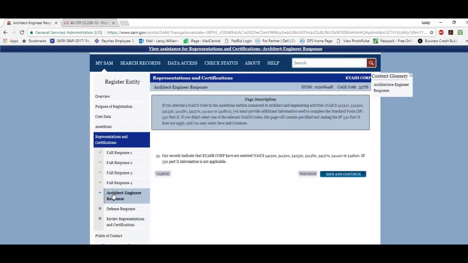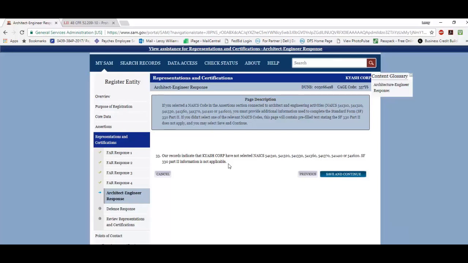Now we're at architect engineer response. Our records indicate that Kayash Corp has not selected these following NAICS codes, so SF 330 Part 2 information is not applicable. SF 330 is the architect engineering federal form that I have done in the past for the environmental company I worked for.